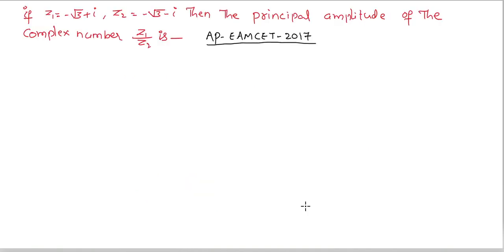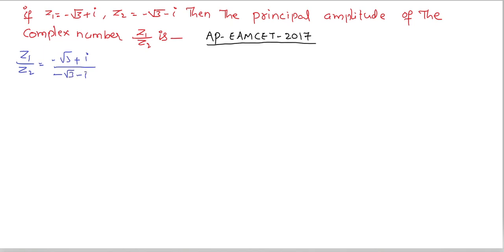If z1 is equal to minus root 3 plus i, z2 is equal to minus root 3 minus i, then the principal amplitude of the complex number z1 by z2 is dash. This is APMSET 2017 question. So now we find z1 by z2. z1 is minus root 3 plus i by z2 minus root 3 minus i.